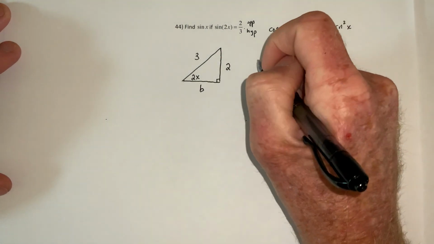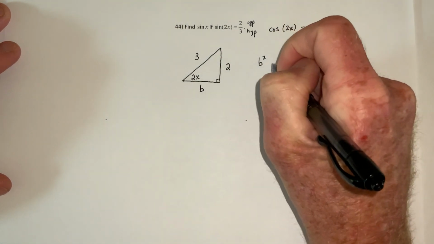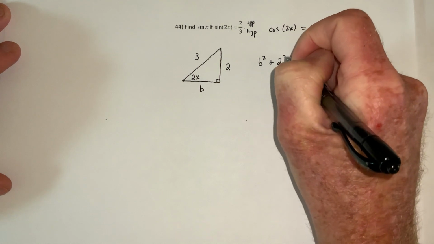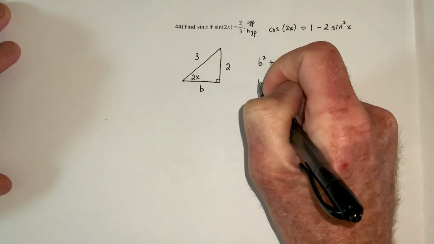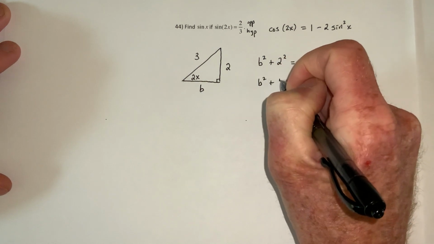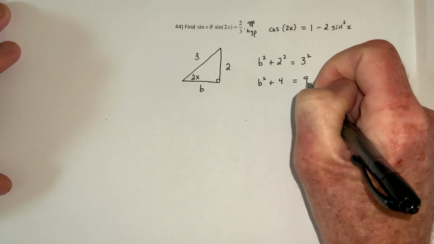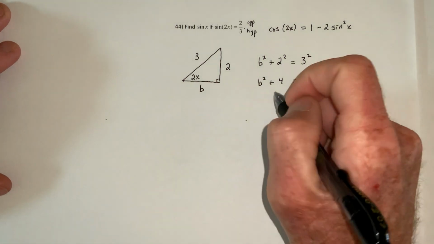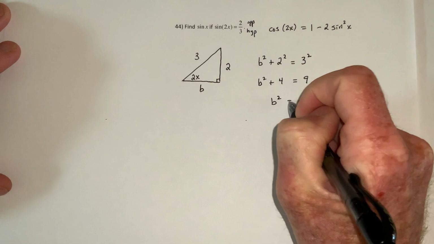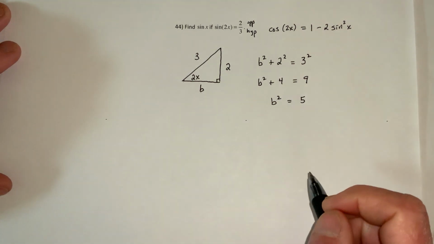Then we could do the Pythagorean theorem. So b squared plus 2 squared is equal to the hypotenuse squared. That leaves b squared plus 4 equals 9. And then subtract 4 from both sides. So b squared is equal to 5.